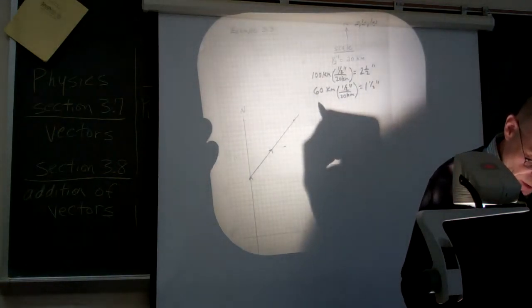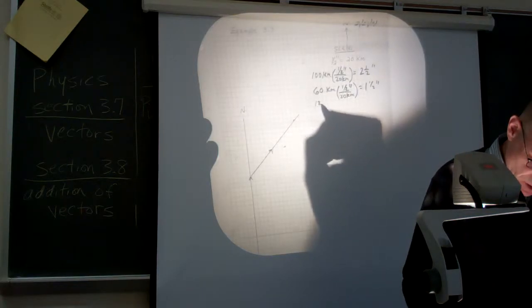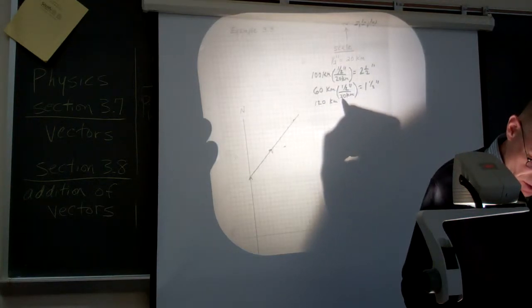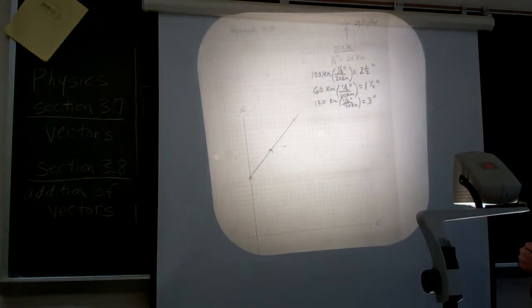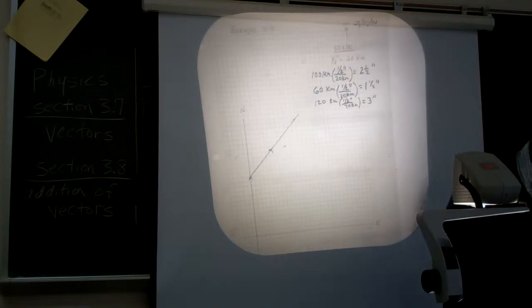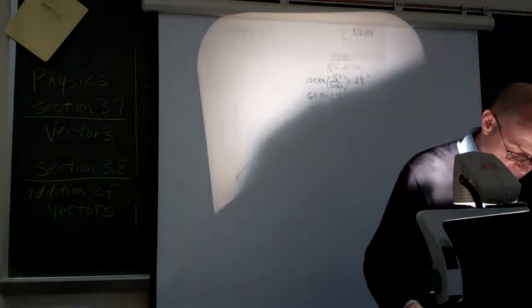So again, apply the scale, 120 kilometers times half inch for every 20 kilometers, and that will be 3 inches long. So now I'm going to go due east 3 inches from that point.